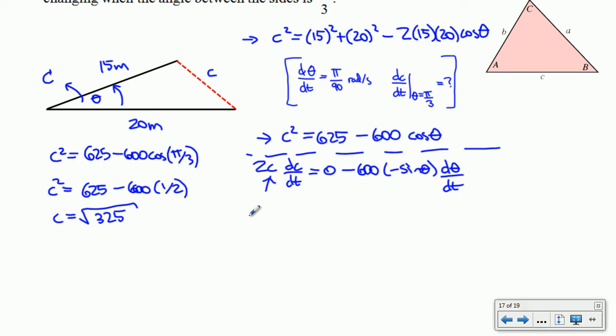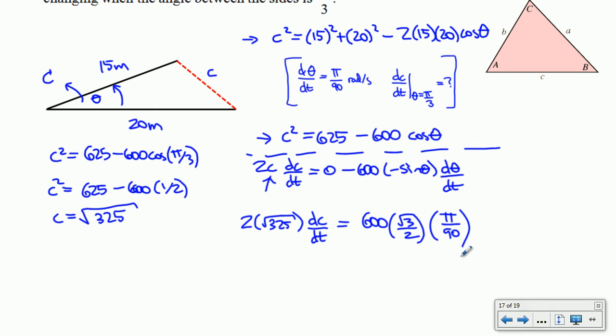So let's make those substitutions. So now we need to isolate for dc dt. We can divide both sides by 2 root 325.